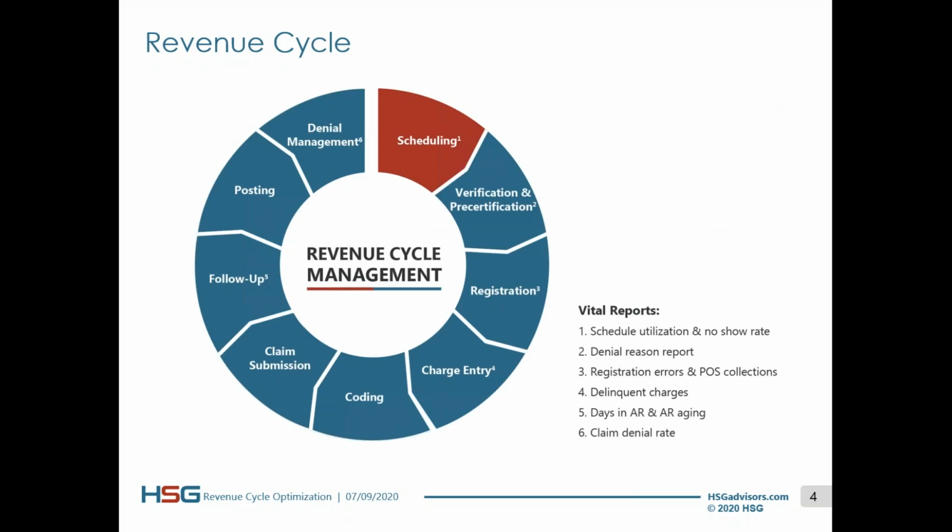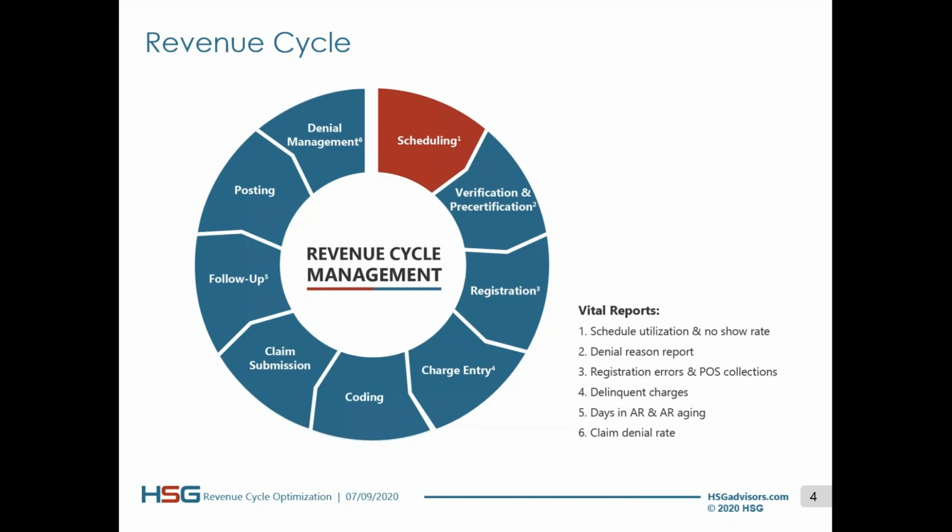Generally, when we talk about revenue cycle, this is a picture representing what we're talking about. It's everything starting from scheduling through verification, pre-authorization, registration at the front desk, charge entry, claim submission, follow-up, posting of payments, and denial management.